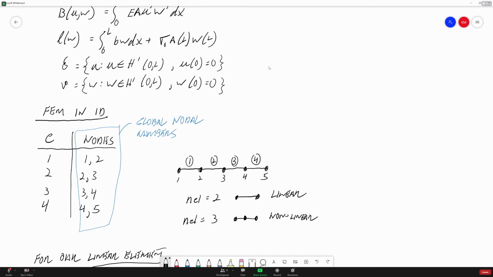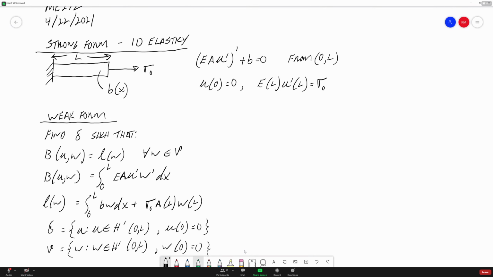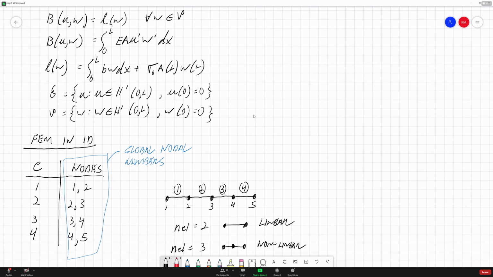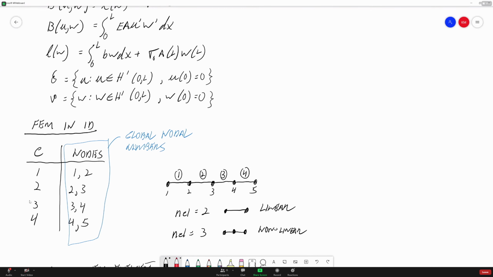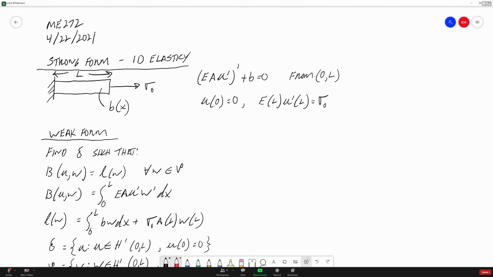So then we said, okay, we have this part here, and we said that we're going to break it up into 4 elements and 5 nodes. Well, there's node 1, node 2, 3, 4, 5.